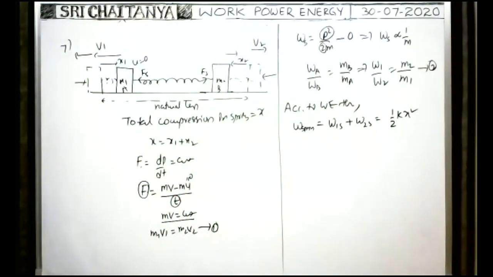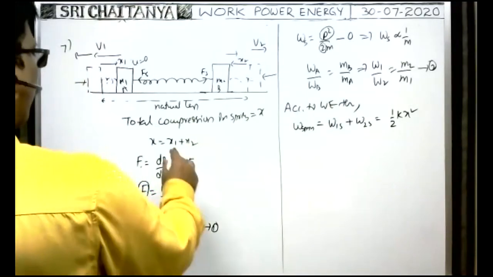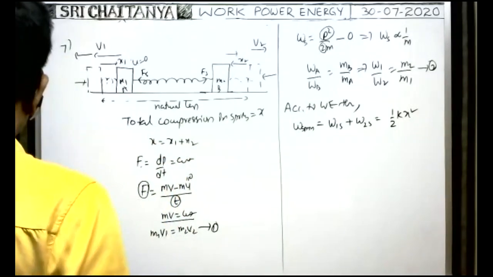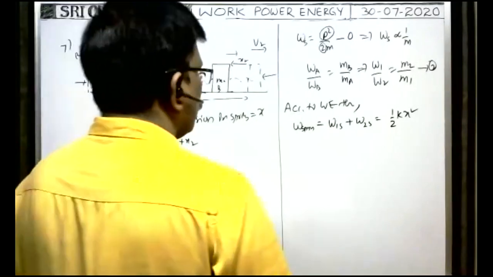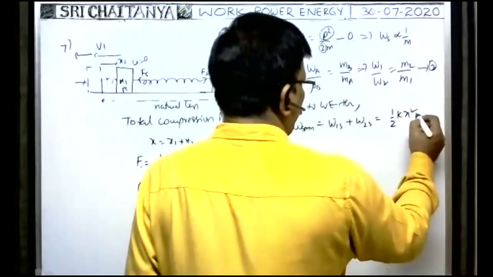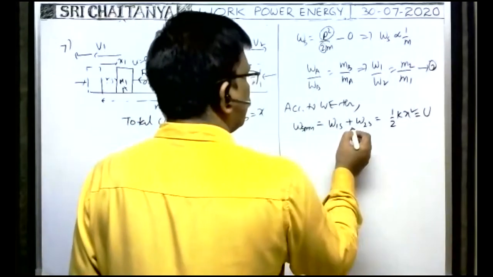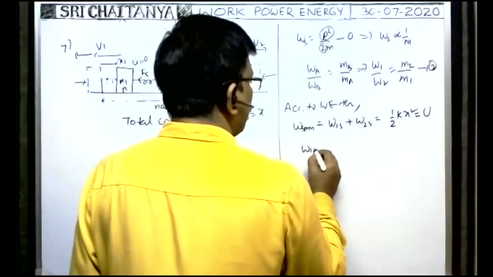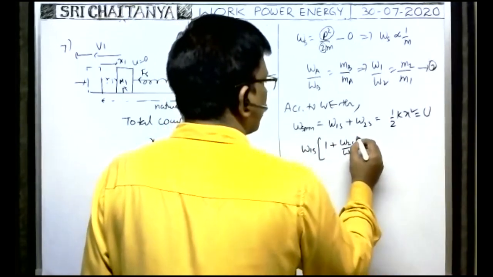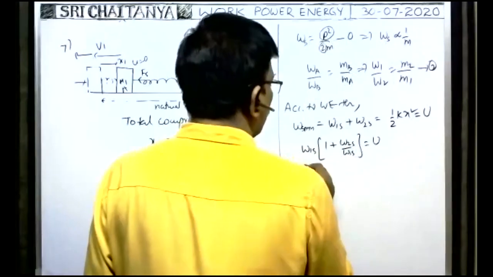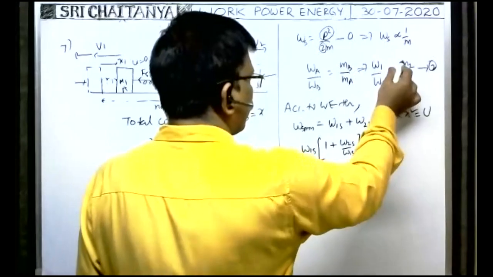Okay. Now, here x1 plus x2 is equal to x. It is the potential energy stored in the spring initially, U. Therefore, what about W1s? You take W1s common: W1s of (1 plus W2s by W1s) is equal to U. W2s by W1s is equal to M1 by M2, no?